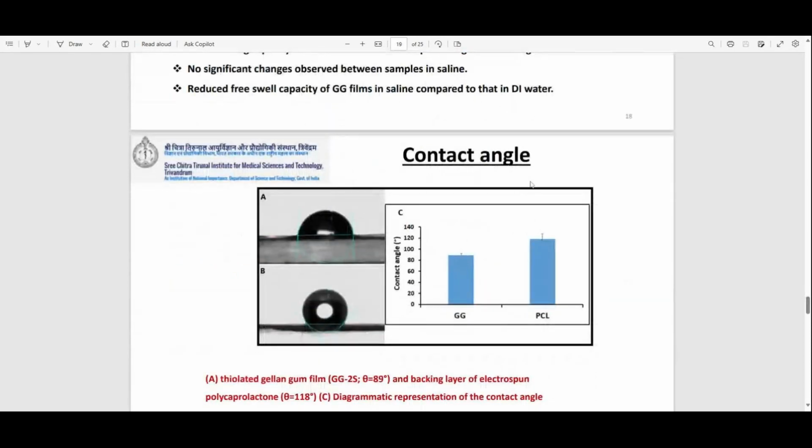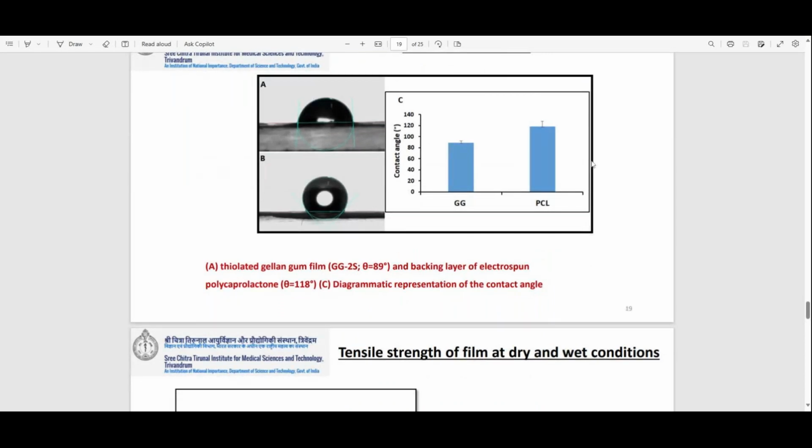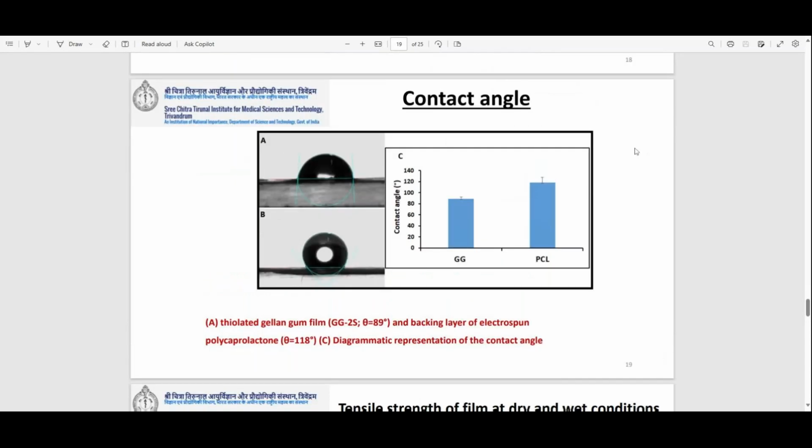We also checked the hydrophilicity of the mucoadhesive layer and the backing layer of the system by using contact angle measurement. We can see that the first picture, picture A, is the contact angle measurement of the mucoadhesive layer.